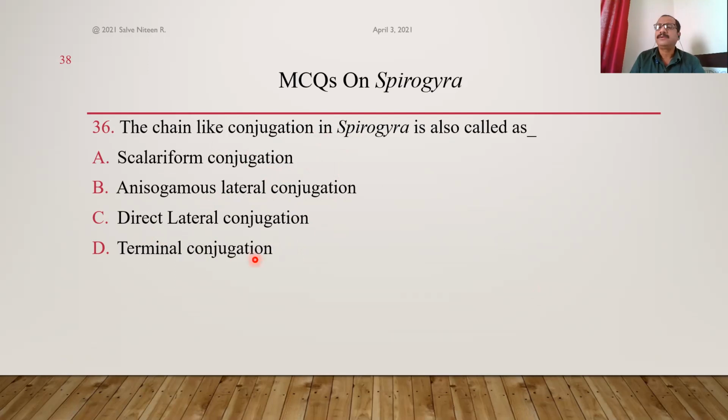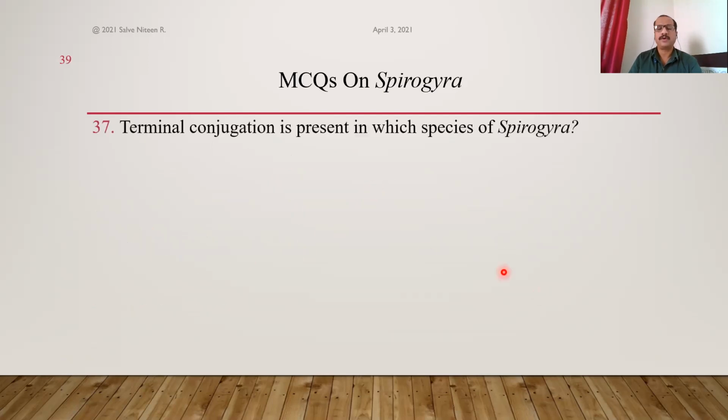But indirect lateral conjugation is also called unisogamous lateral conjugation. So this is the correct option. Option is B.